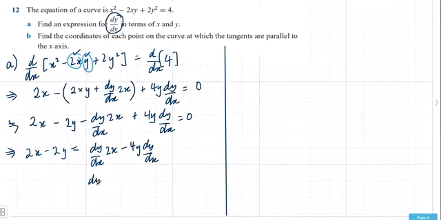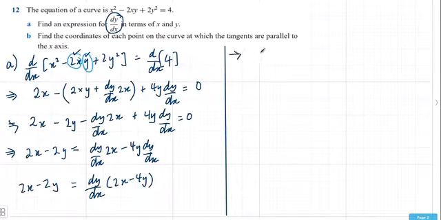I'm then going to factor dy/dx out as common. And then the last thing that I'm going to do is solve for dy/dx, which is 2x minus 2y on 2x minus 4y.